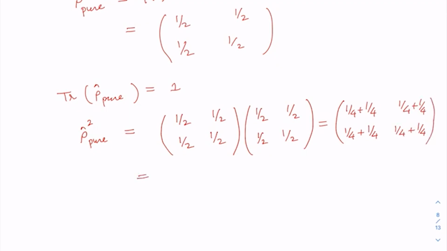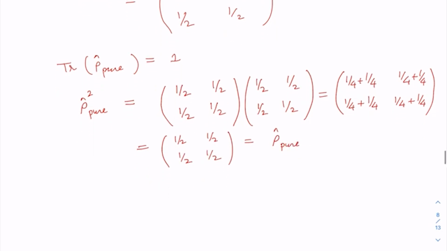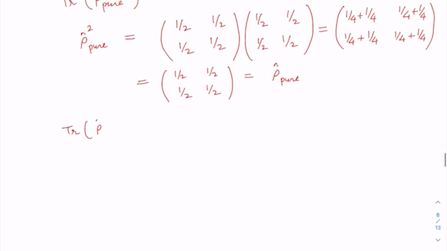So therefore we will just have 1 half, 1 half, 1 half and 1 half. That means it is simply rho pure, and quite clearly the trace of rho square pure is equal to 1.